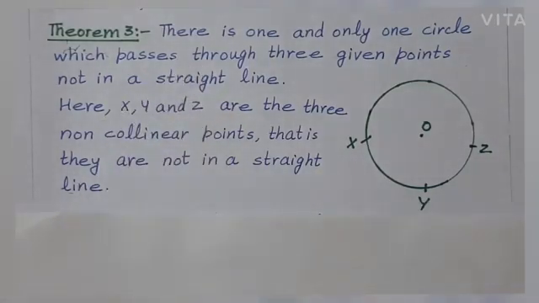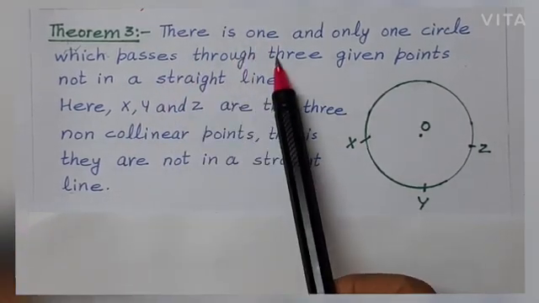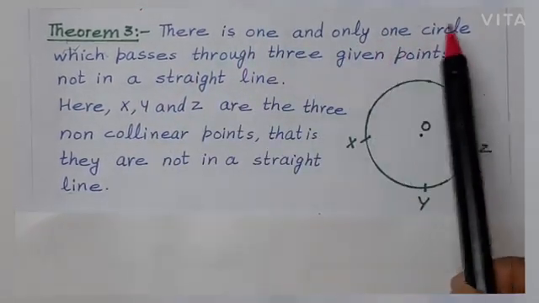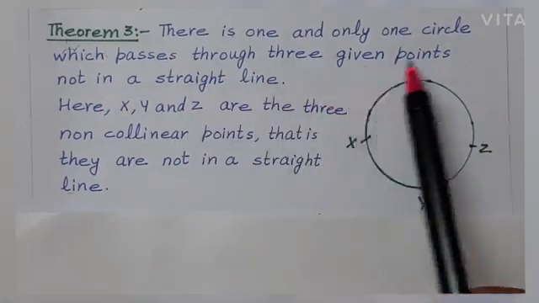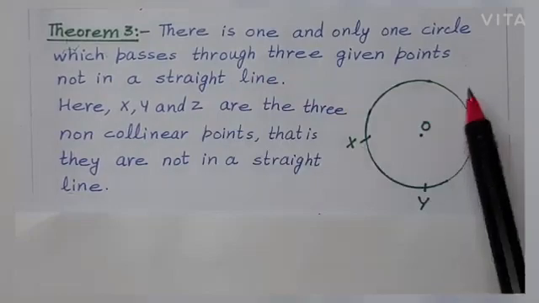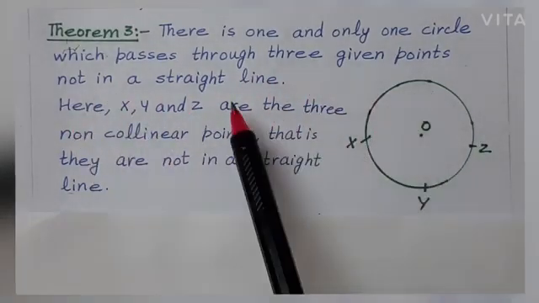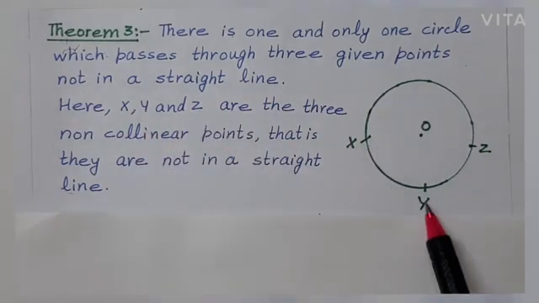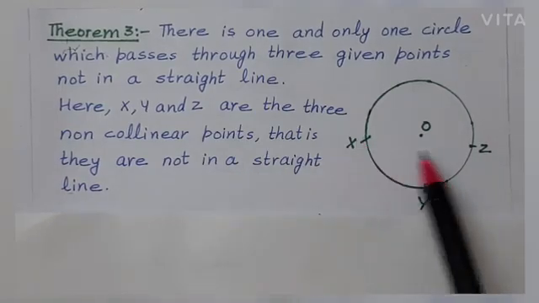Now students, no need to do the proof of the second theorem. Now the next theorem is theorem number 3. There is one and only one circle which passes through three given points. Clear? Here X, Y, Z are three non-collinear points, that is, they are not on a straight line.